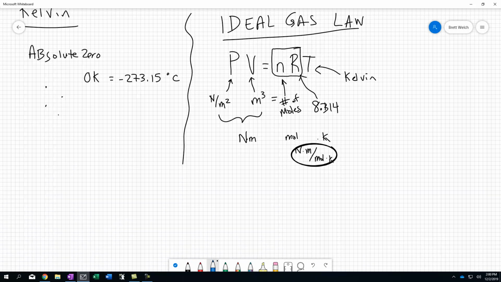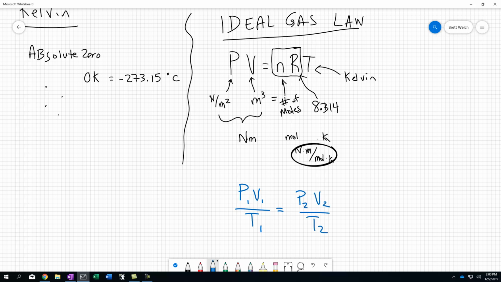And R is a constant, so it can't change. When we hold the quantity, or the moles of gas, constant, we end up with a variation of this that looks like this: P1 V1 over T1 equals P2 V2 over T2.